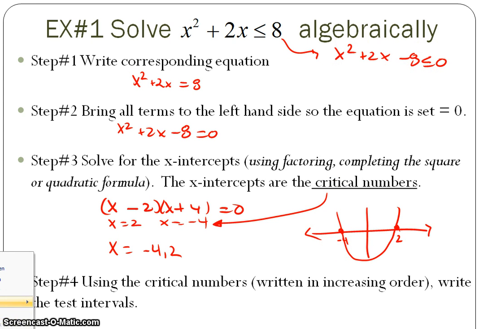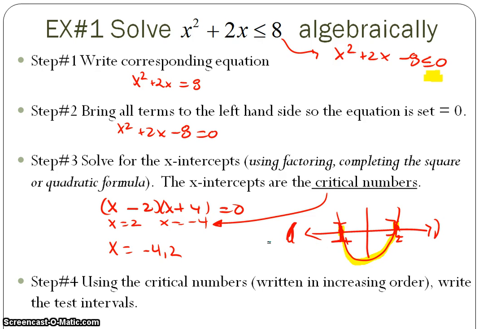I'm going to highlight it right here. It's less than or equal to 0. Well, it equals 0 here, and it's less than 0 here. Less than 0 meaning below the x-axis, or equal to at the x-axis. So that's how we solve it graphically, but algebraically, we're going to look at the intervals.